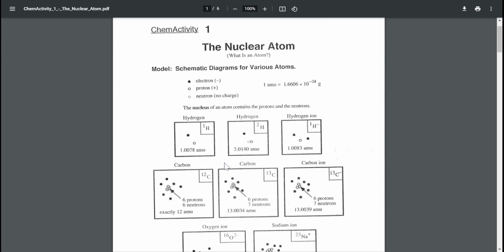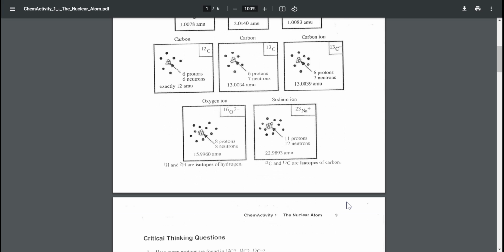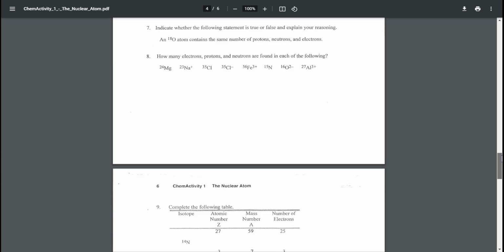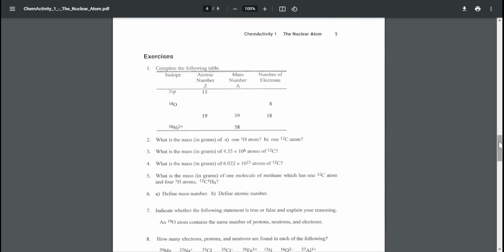So if it makes it easier for you to just think, okay, 1 particle in the nucleus, that's 1 AMU, and this one has 12, so it's 12 AMU, then do so, and just do the math the easy way.